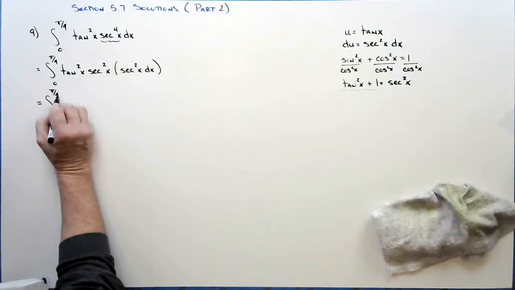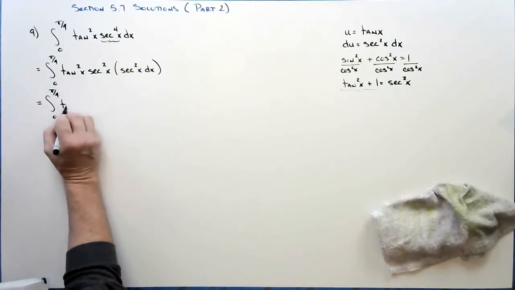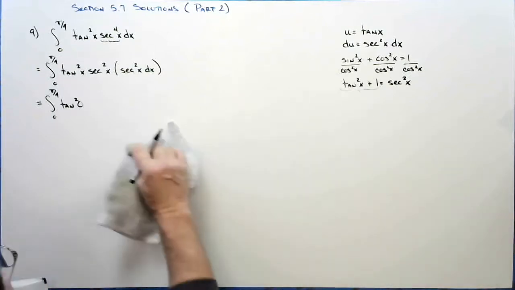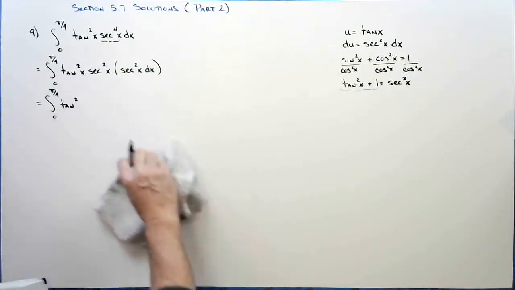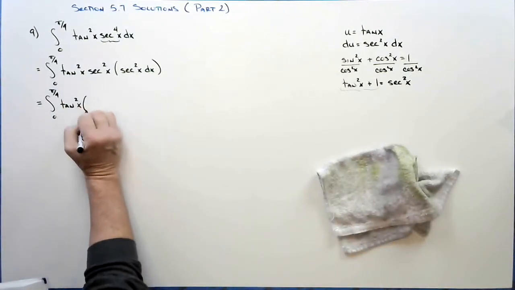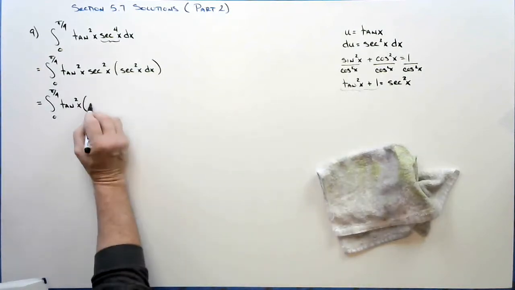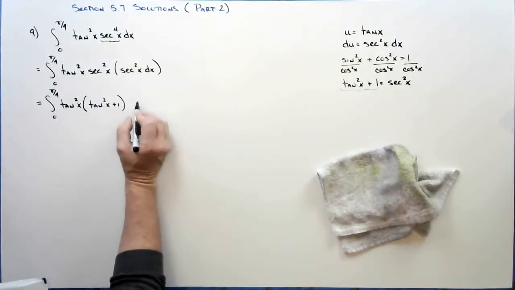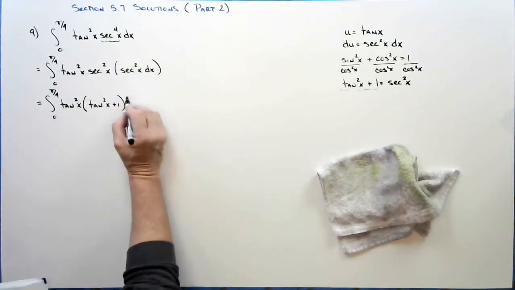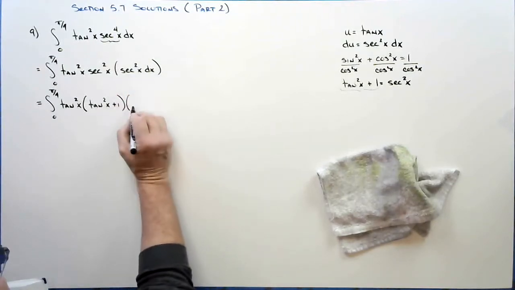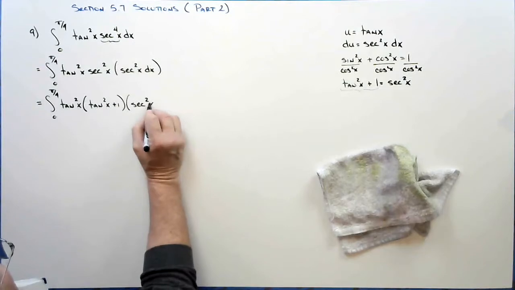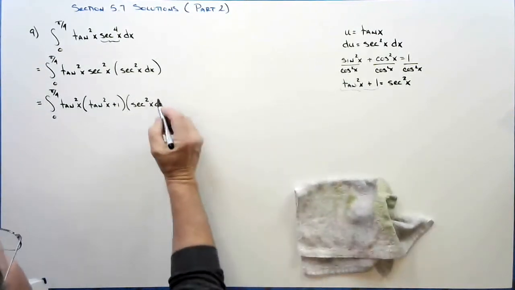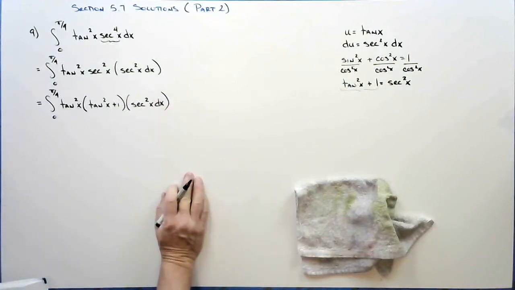So we have the integral from 0 to pi over 4. We have tangent squared from the original problem. Not theta, Kevin, tangent squared x, pardon me. Secant squared, we just determined, is tangent squared x plus 1. And then we're going to multiply that by our du, right? We're going to just save this till the end because we're going to need this for our du.